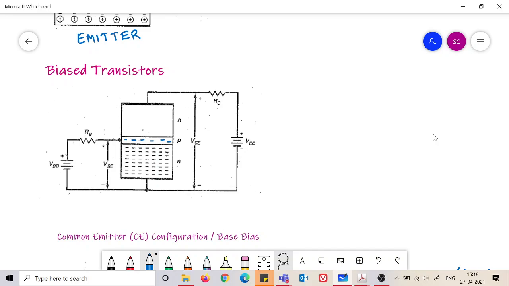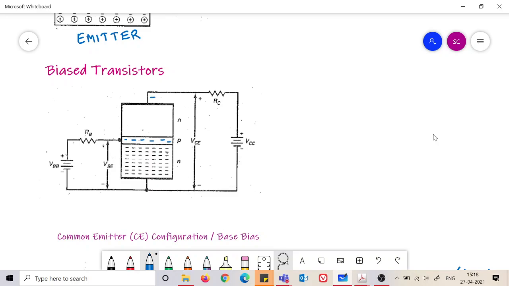When they enter the base region, there are now two possibilities for these electrons. One is to take this route and another is to take this route through the collector, because there is a positive potential at this end.